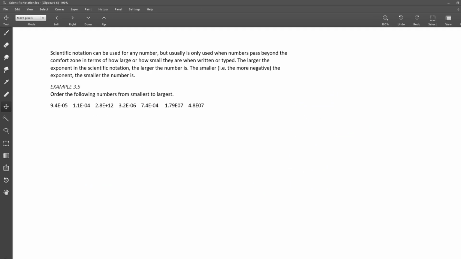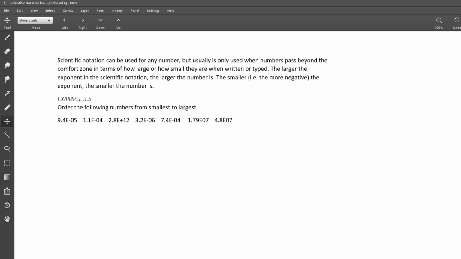Scientific notation can be used for any number, but usually it's only used when numbers pass beyond a certain comfort zone in terms of how large or how small they are when you're writing them or when you're typing them. The final fact that will be useful about scientific notation is that the larger the exponent, the larger the number is.